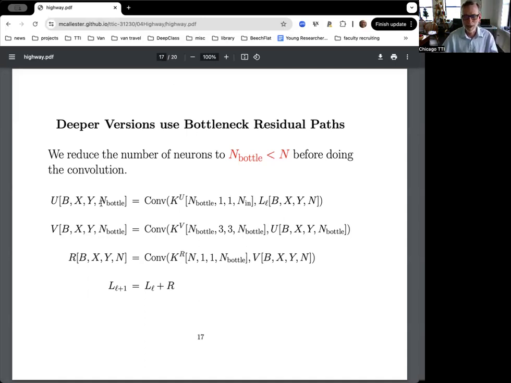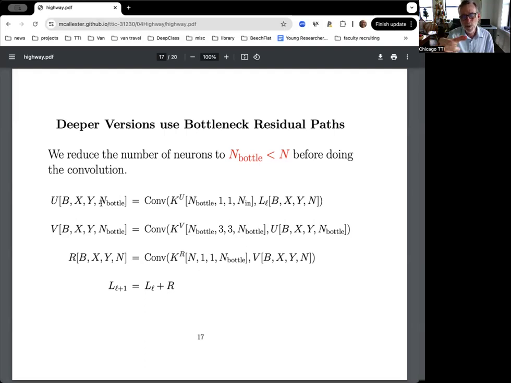At each position in the image, we have a set of neuron values that define a vector. At each position independently, we're going to reduce the number of neurons, from 256 neurons down to a fairly smaller number, like 64.